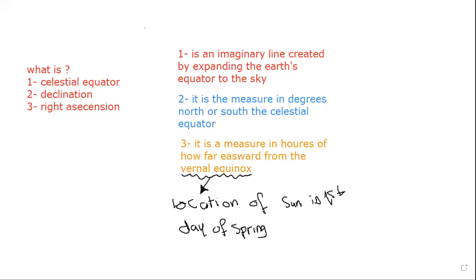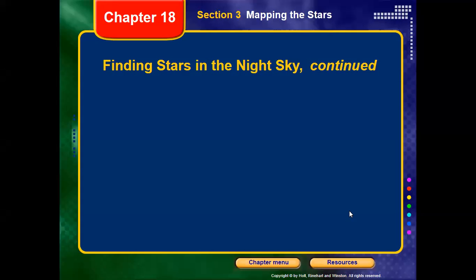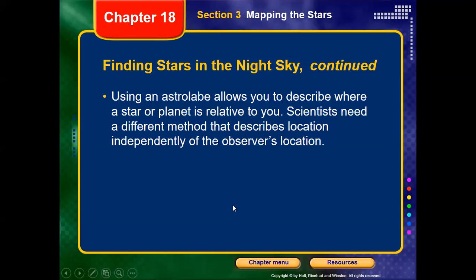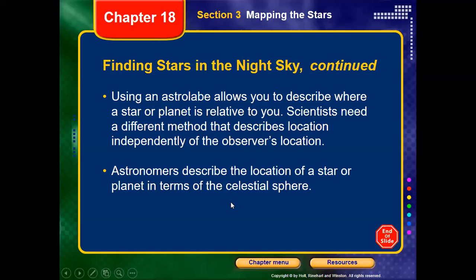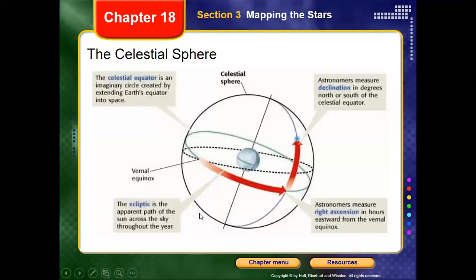Let's try to apply this here. We're going to see that. So here is the celestial sphere, and that's all the definitions which we said. As you can observe here, that's your Earth. If we expand this equator outside to space, that creates the celestial equator, which divides the sky into two parts, the northern sky and the southern sky.